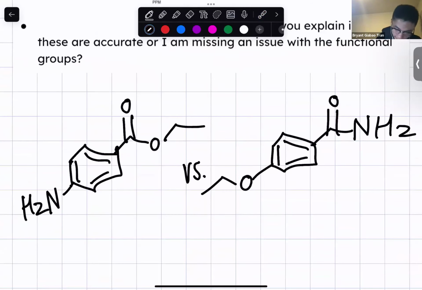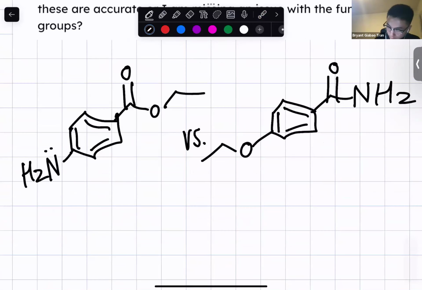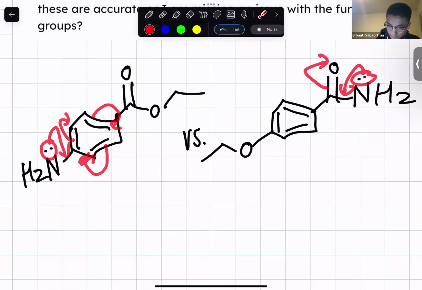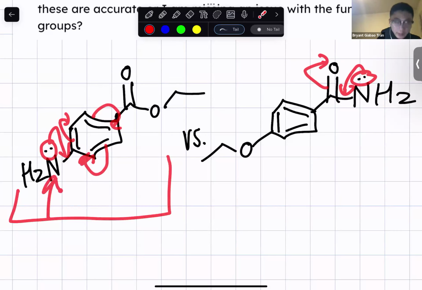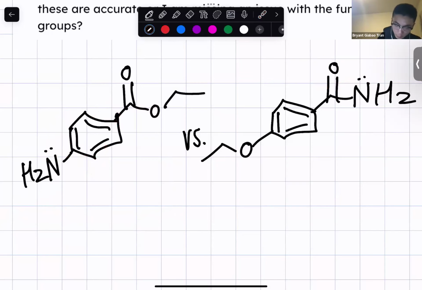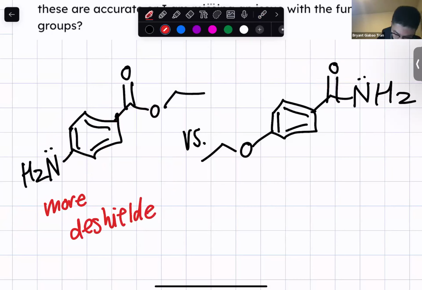So let's look at the lone pair on nitrogen right here. This lone pair on the nitrogen has more resonance than the lone pair on the right structure, because that lone pair can only do resonance with the carbonyl. Since this amine is withdrawn more by the benzene ring, meaning it has more resonance structures, it's going to be more deshielded than usual.